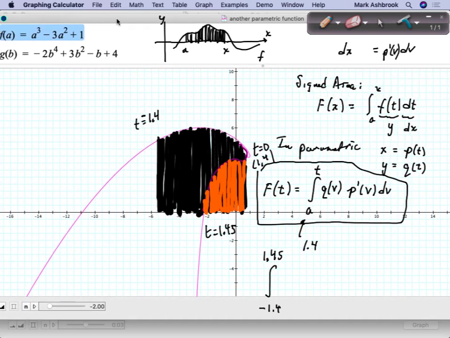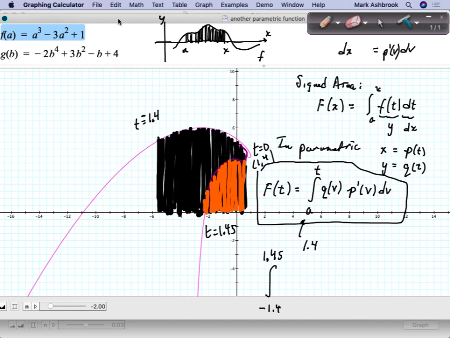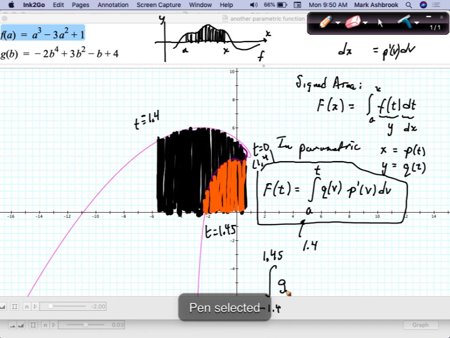Is that on the screen now? F and G? So my y coordinate is g, so it's going to be g of v times f prime of v, this is my dx. F prime of v dv is my dx.